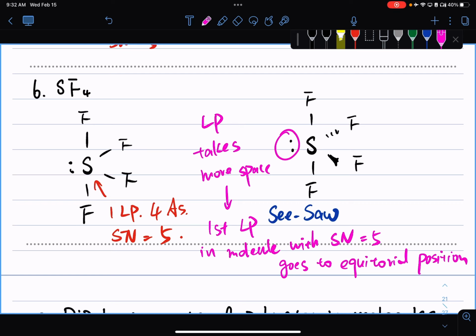And the reason behind it is because your lone pair takes more space geometrically. Do you have any questions before we move on? Okay, sounds good.